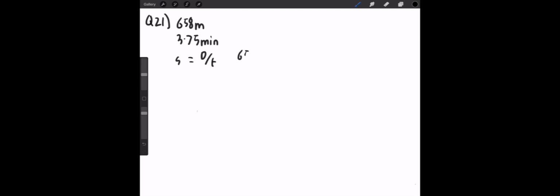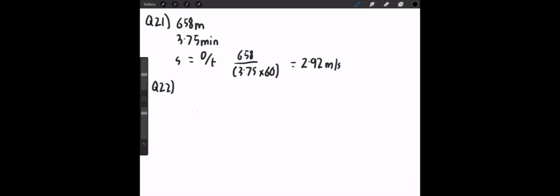So we'll do 658 divided by, now the time has to be in seconds for this, in standard units, so that would be 3.75 times 60, and that gives us 2.92 metres per second, which must be quite a slow train, but hey ho.